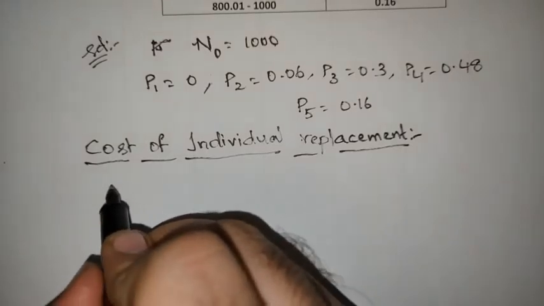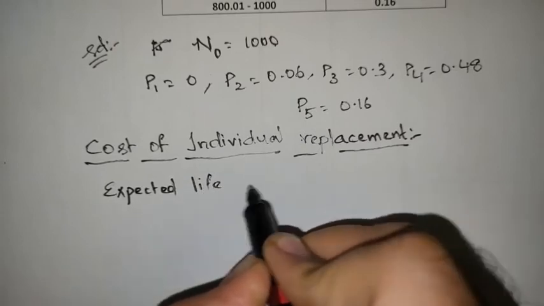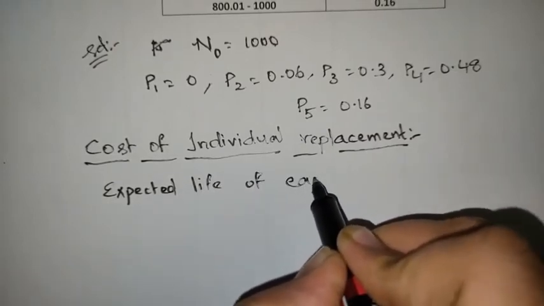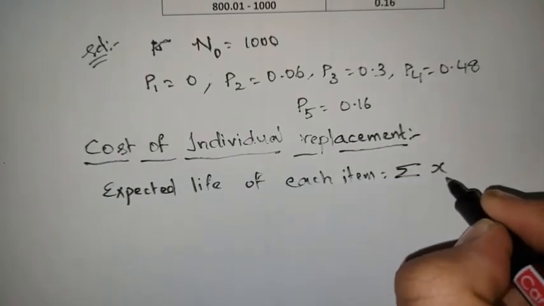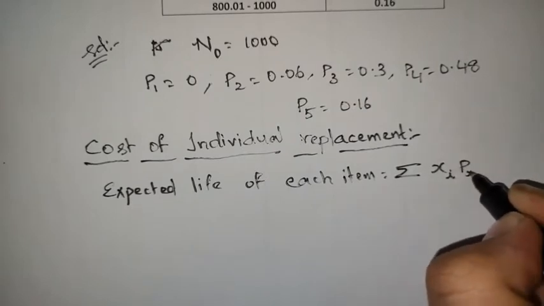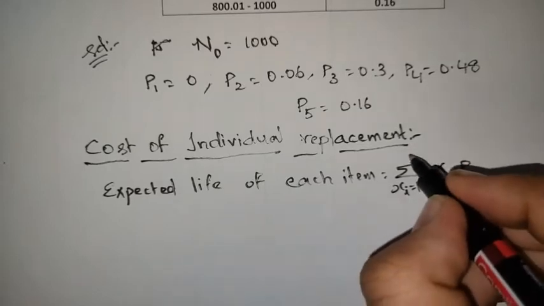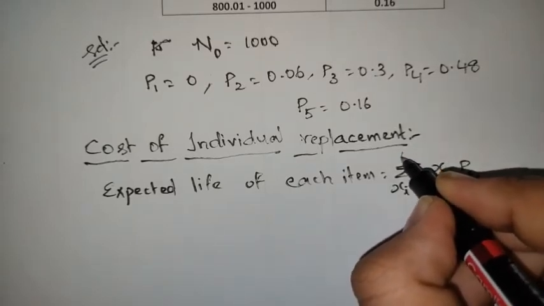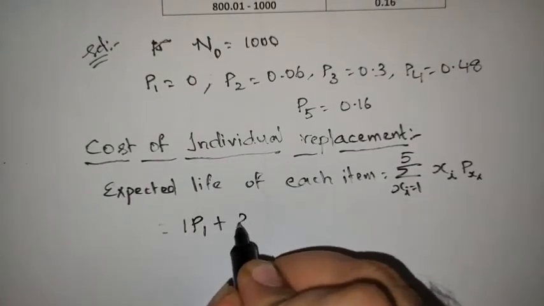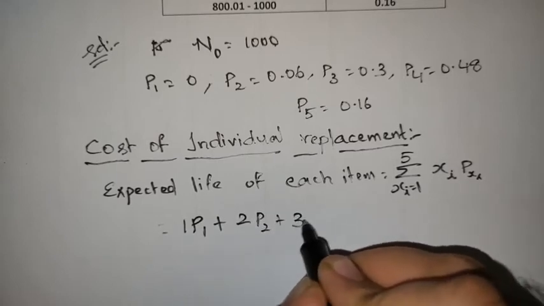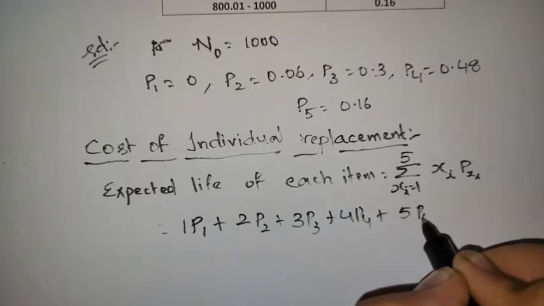So let us find the expected life of each item, which equals sigma xi into p xi, where xi varies from 1 to 5, as 5 time intervals were given. So that equals 1p1 plus 2p2 plus 3p3 plus 4p4 plus 5p5.